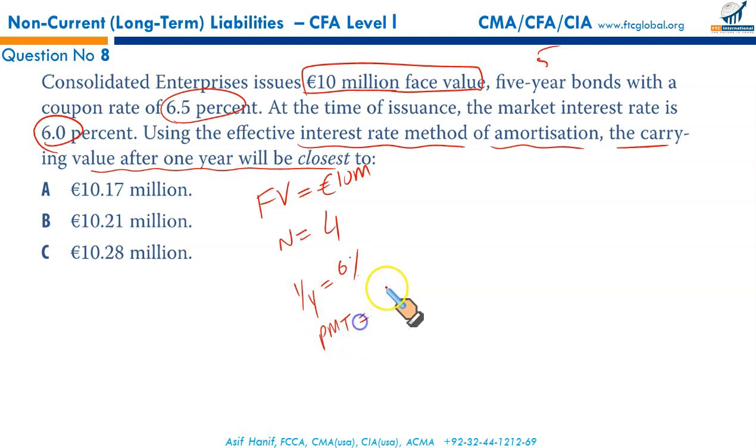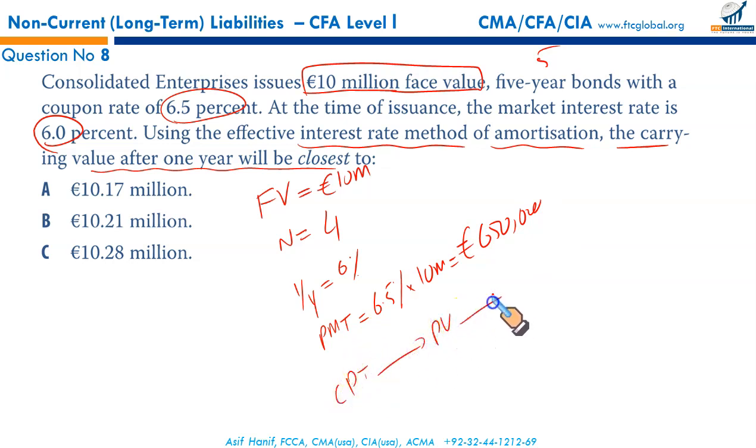Payment, that is the interest payment, is 6.5% of 10 million. It's going to be €650,000. You just need to press CPT, press present value, and you will get 10,173,255, which is approximately 10.17 million. A.